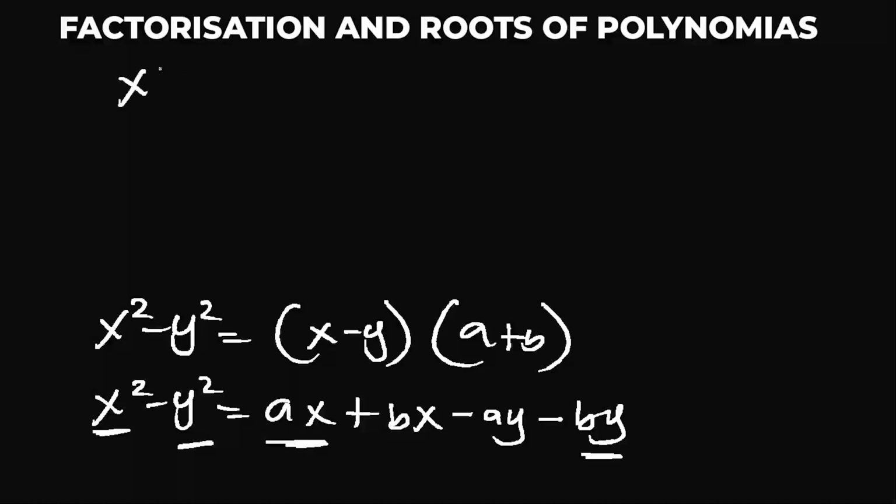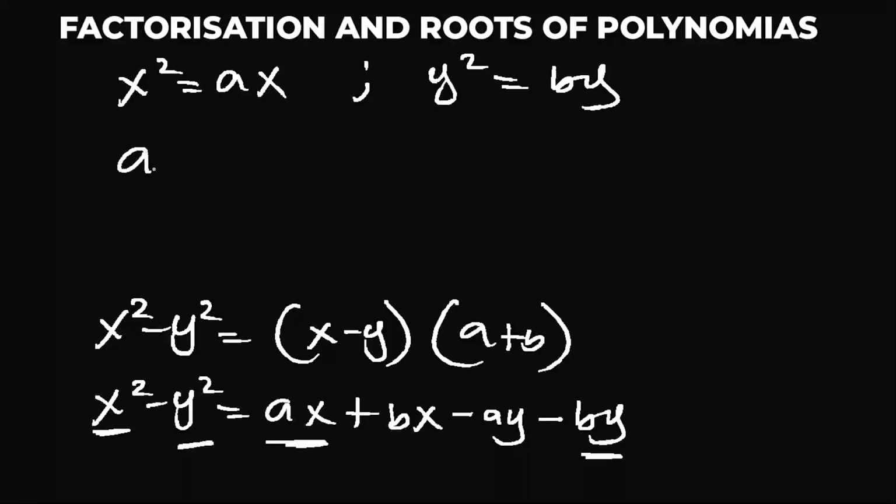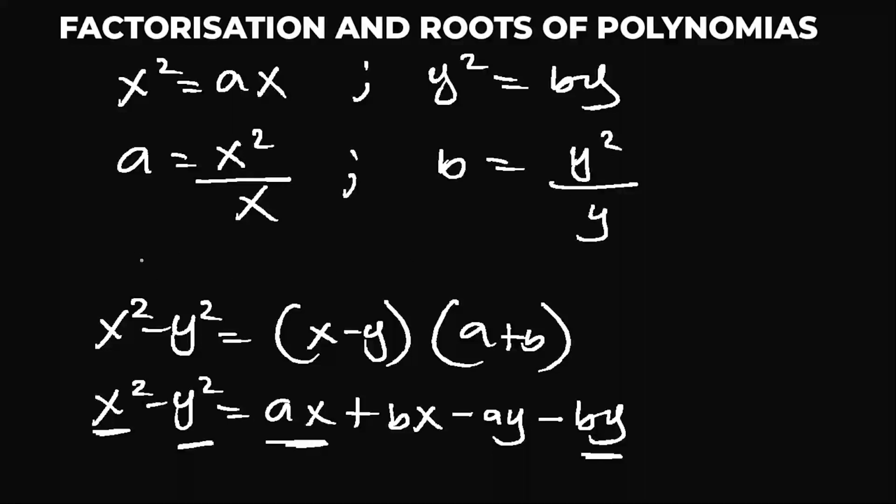That means x squared is equal to ax, and at the same time y squared is equal to by. So here you're going to have that a equals x squared over x, and b is equal to y squared over y. Therefore a is x and b is y.